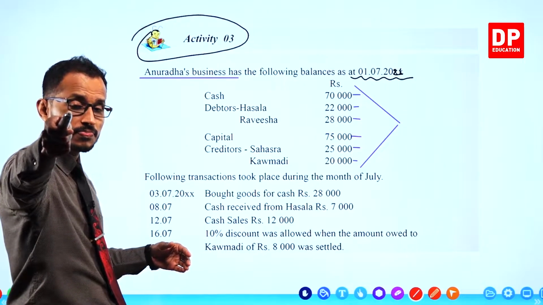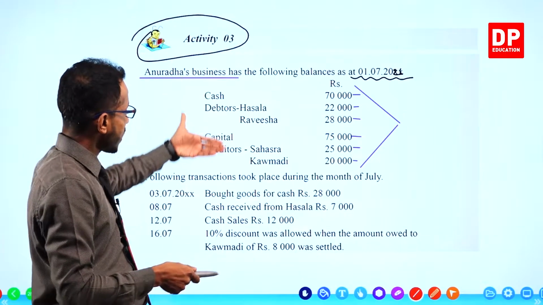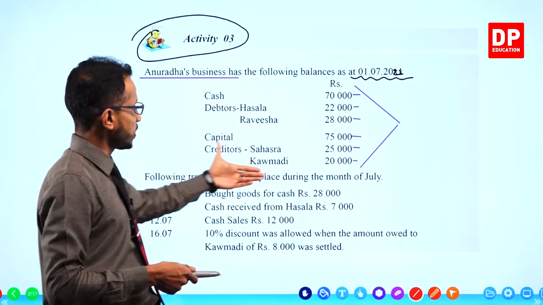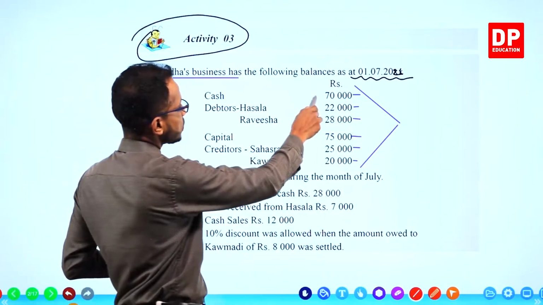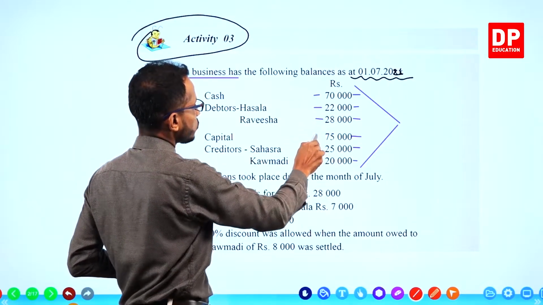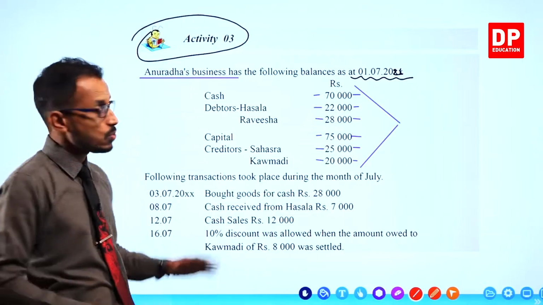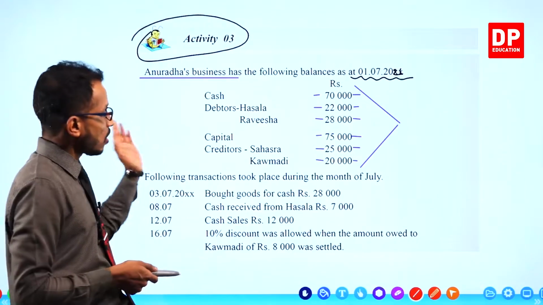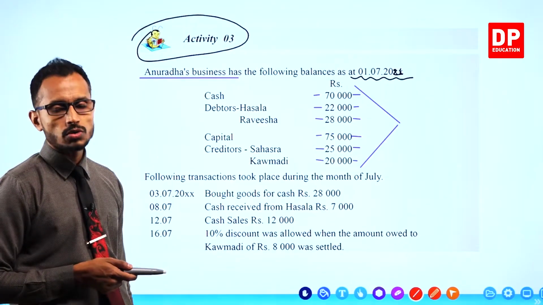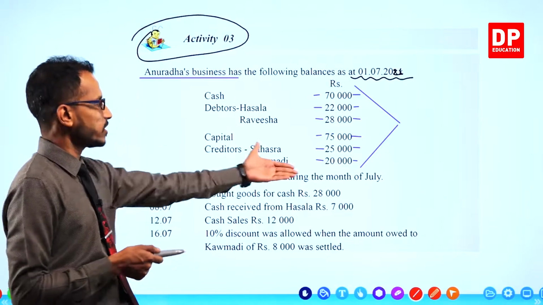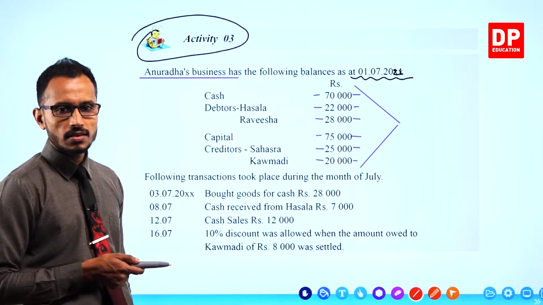If balances are given to you likewise, 1, 2, 3, 4, 5, 6, what have I told you when starting this kind of question?